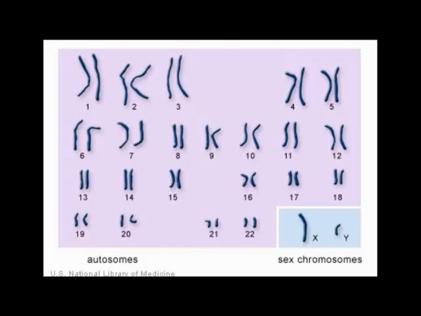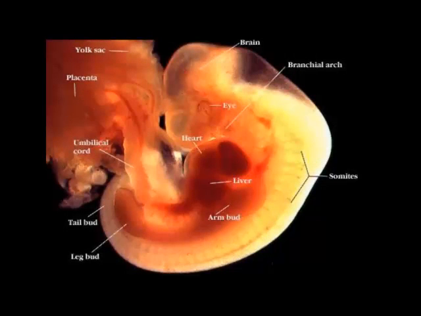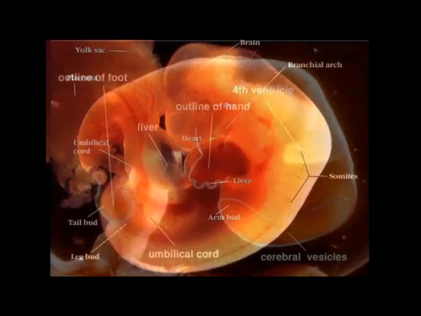Genetic sex depends on the combination of sex chromosomes at the time of conception. For the first month and a half of gestation, embryos have the potential to differentiate along either male or female lines because the developing reproductive tissues of both sexes are identical and indifferent.